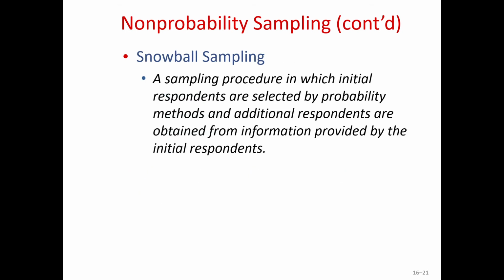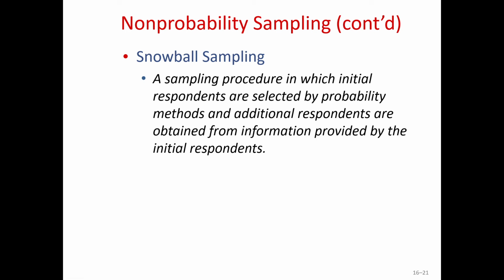The next one is snowball sampling. A variety of procedures are known as snowball sampling, and they involve using probability methods for an initial selection of respondents and then obtaining additional respondents through information provided by the initial respondents. This technique is best used to locate members of a rare population by referrals.